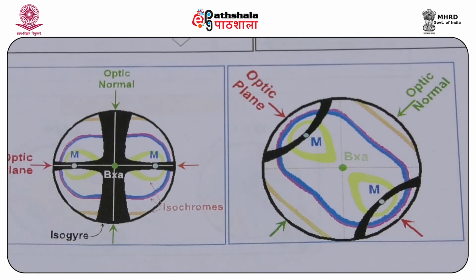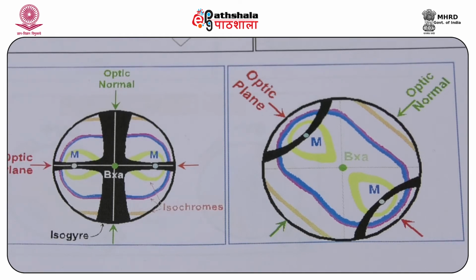In a biaxial interference figure, the isogyres form a pattern that changes as the microscope stage is rotated, as can be viewed here in this figure. If the optic plane is oriented east-west, the isogyre forms a cross with the arm parallel to the trace of the optic normal being wider than the isogyre parallel to the trace of the optic plane.